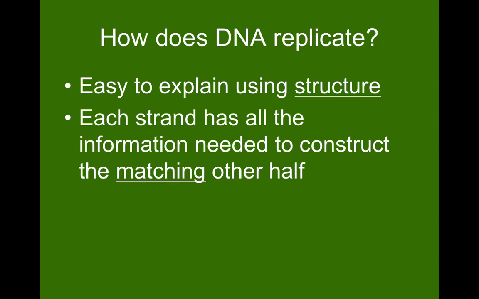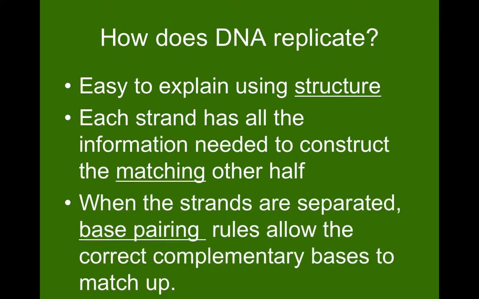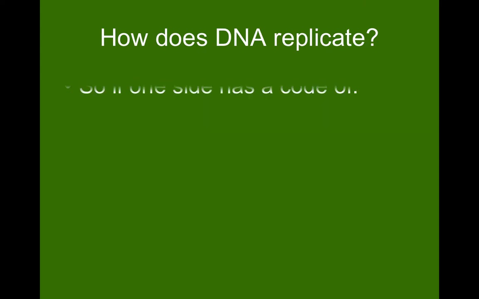We practiced that with the base pairing rule. If I only gave you one side, you knew automatically what the other side was. So essentially all we have to do is separate those strands and follow the base pairing rules, and we will make new strands of DNA. That's pretty much what happens.